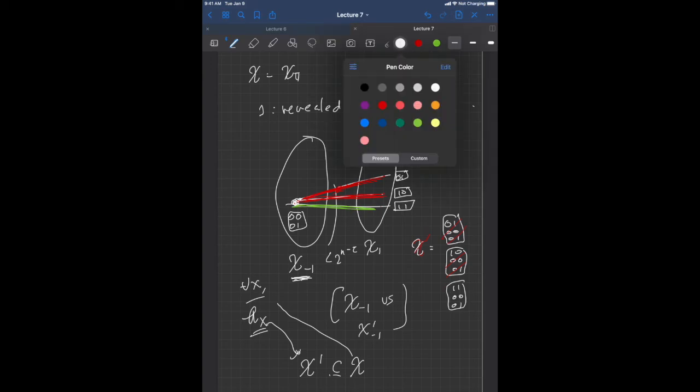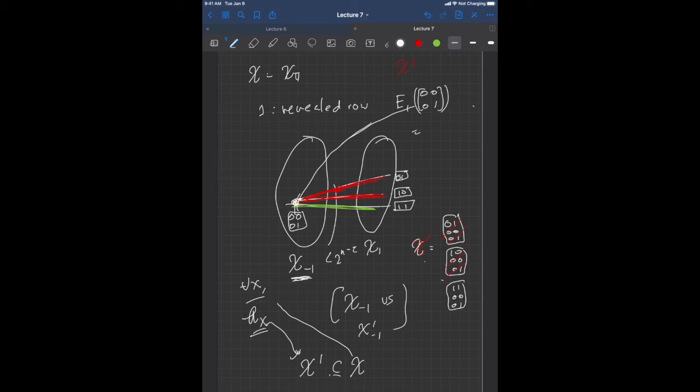For example, if this is my X dash, what is E_1 of this partial matrix 0 0 0 1? It's this matrix where I choose to fill in 1 1. For every vertex I associate one unique neighbor on the right side, so that's the extension: 1 1 0 0 0 1.